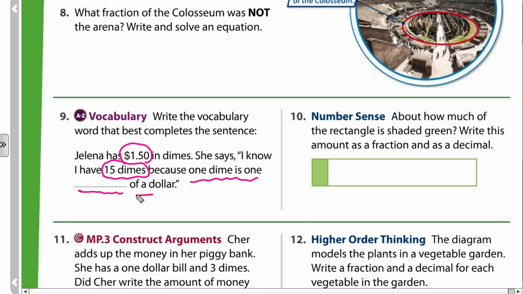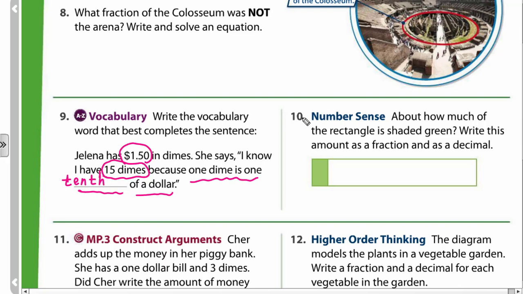What should we write in this space? 10th or 100th? 1/10 of a dollar. Excellent. So we need to write here 1/10. Is it correct now? Yes. And no, I missed something. Can you see it? In the end, I should write TH, 10th. Okay, thank you, Muhammad. Thank you, my hero.